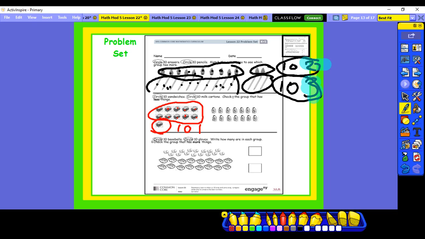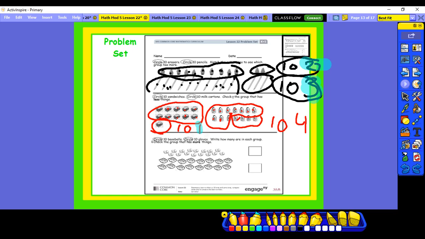Let's count our milk. 1, 2, 3, 4, 5, 6, 7, 8, 9, 10. Circle our group of 10. How many are left over? 4. 10, 4.